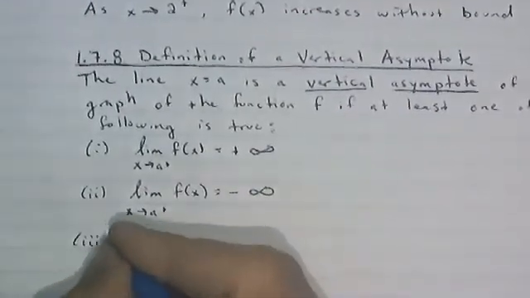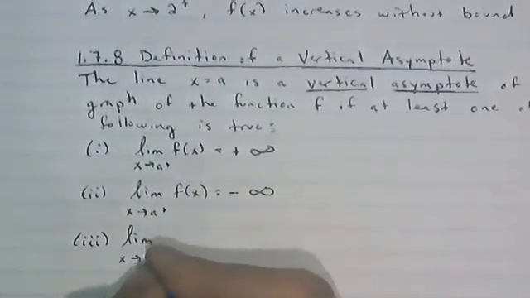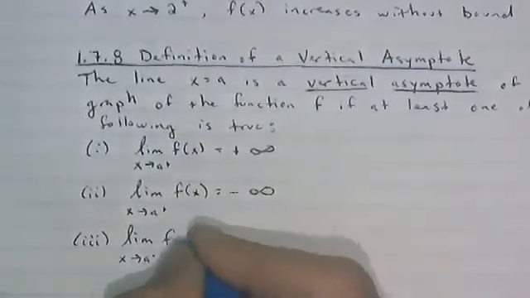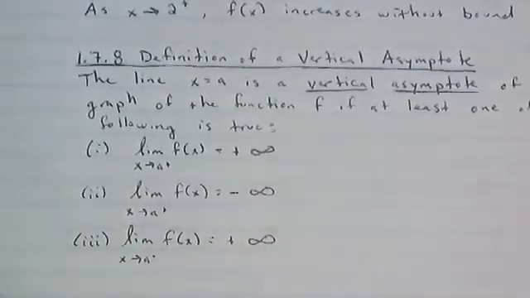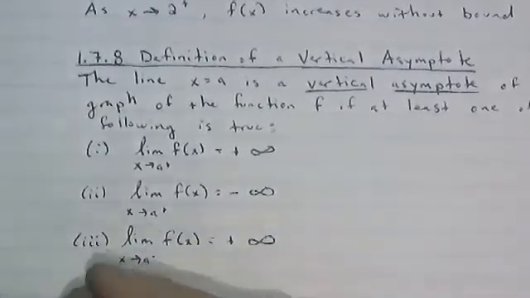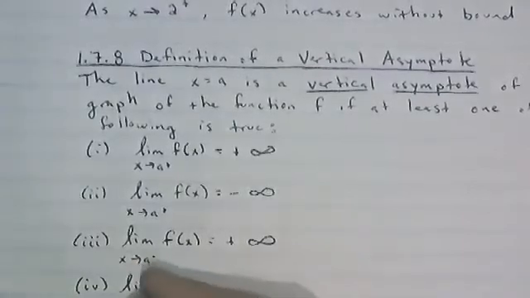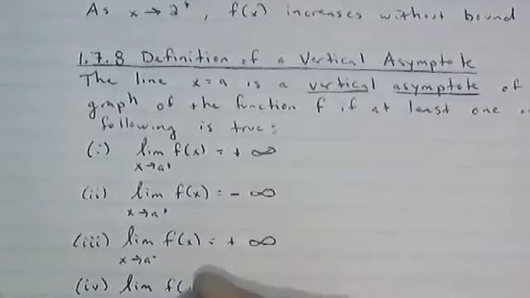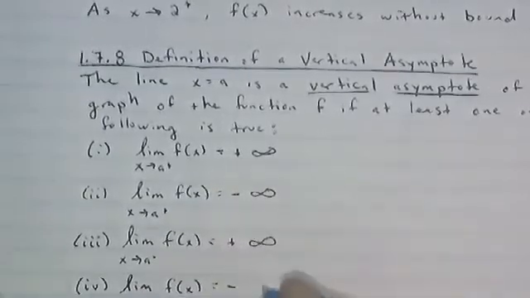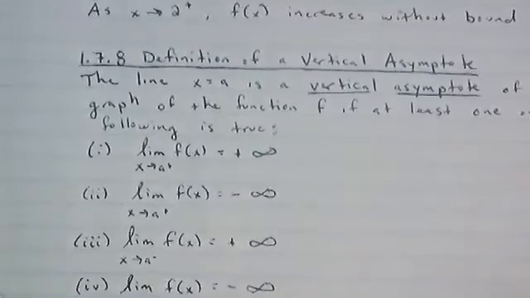If as you approach a from the left, f of x increases without bound, you've got a vertical asymptote. And finally, if as you approach a from the left, f decreases without bound, you've got a vertical asymptote.